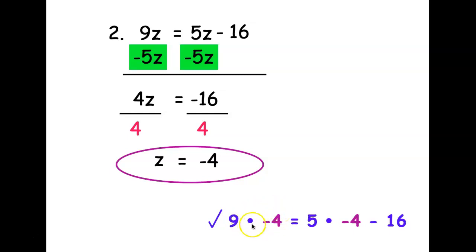Do they have the same value? 9 times negative 4 is negative 36. Then over here, 5 times negative 4 is negative 20. Negative 20 minus 16 is also negative 36. So that means our answer is correct. z is equal to negative 4.